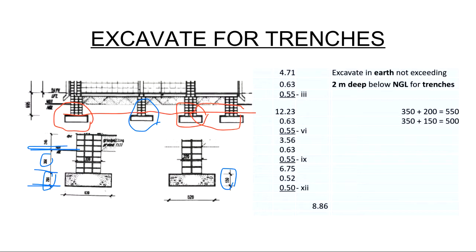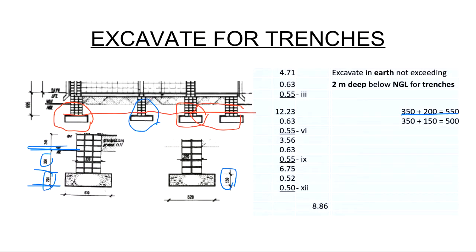So again, I cannot read that dimension directly from the drawing, so I need to do a side cast. So I'm using the 350 plus the 200 millimeters thick for the concrete, which are the footings circled in red, and I get to the 550.